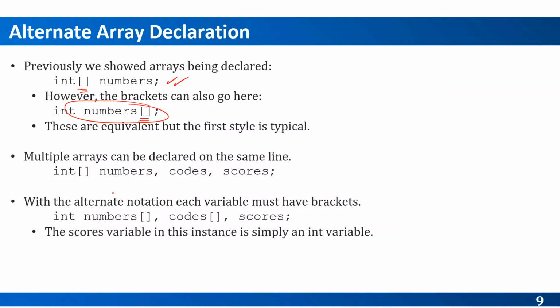All right. So let's say you try to declare multiple arrays, all right, of the same type. So here integer, square bracket, and then numbers, code, scores, all of these are going to be arrays of integer data type. Now let's say you want to declare integers. Some of them are arrays, others are just regular variables.